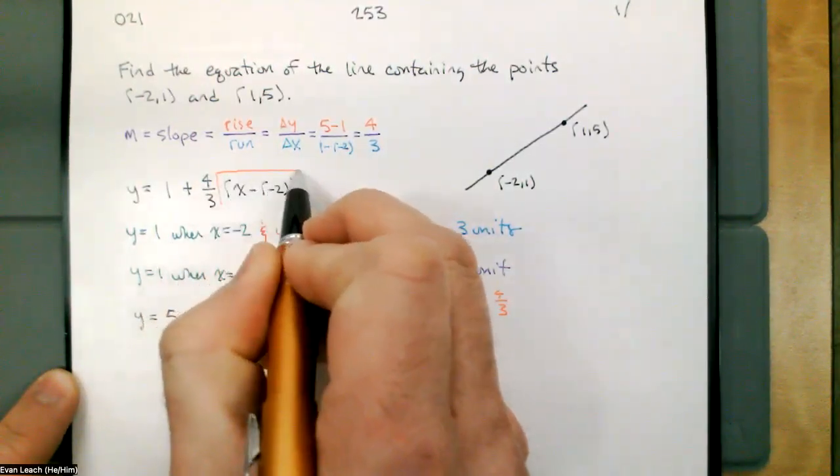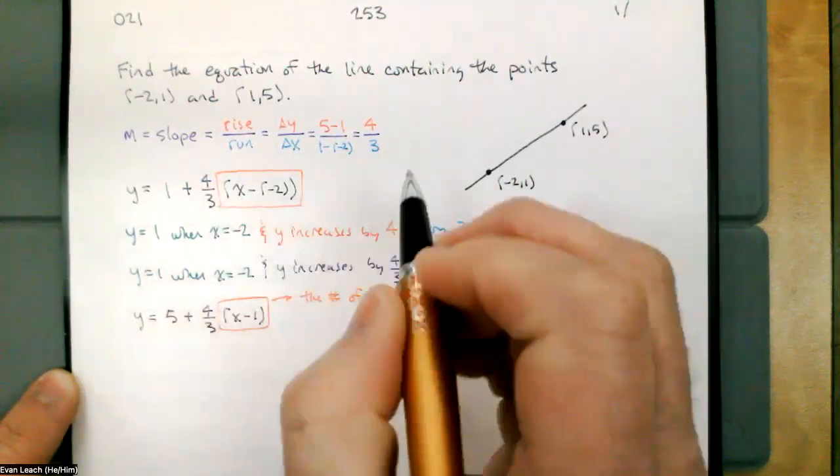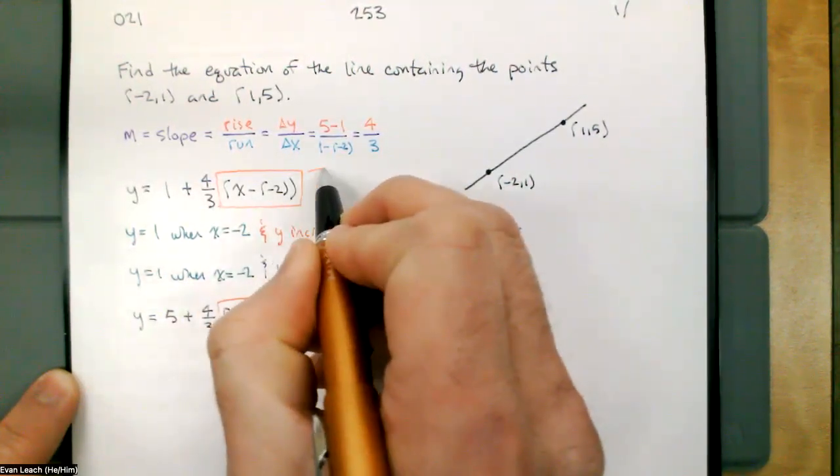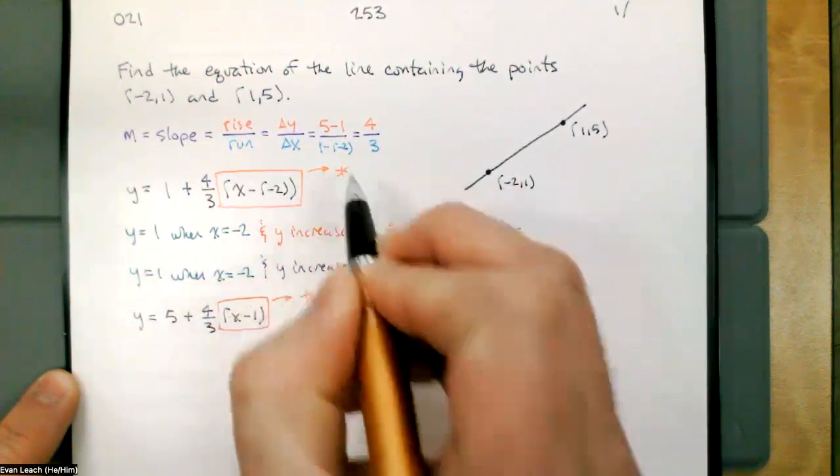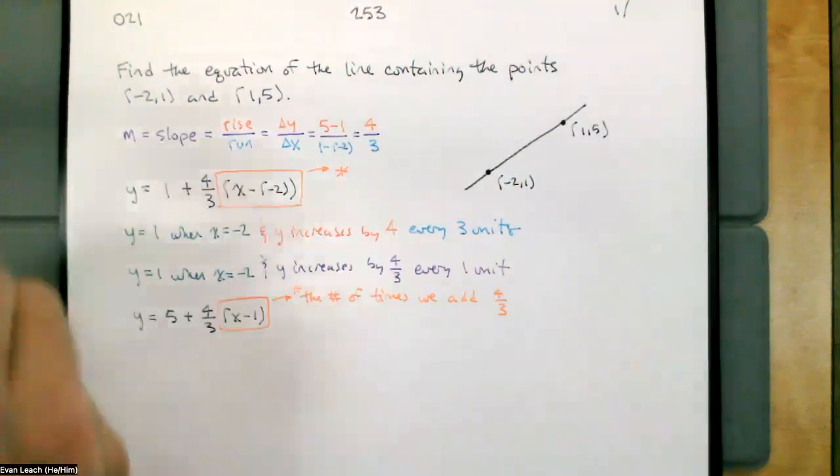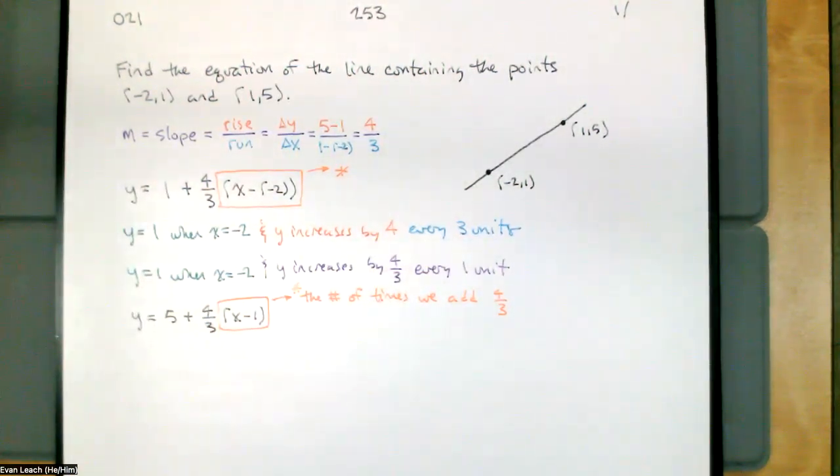And that's the same thing over here. This x plus 2 is the number of times we have added 4/3. Any questions?